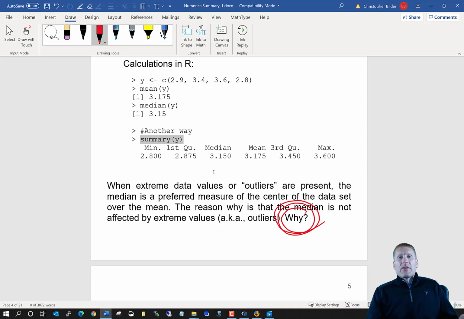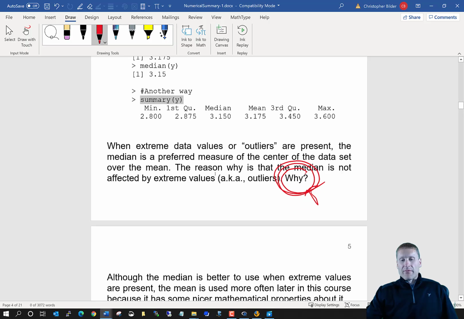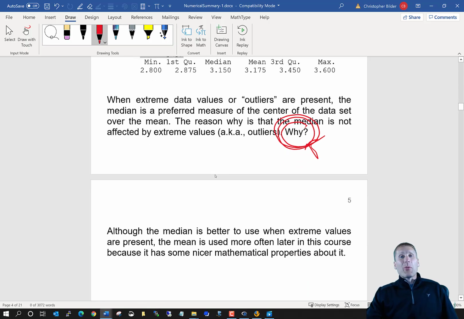And look what happens if you change one value in the data set and make it more extreme, farther from the center of all those data values. What happens to the mean? What happens to the median? Do that a number of different times, and then you'll be able to answer why. And who knows, maybe you'll get to answer why again in the future, such as on a test.